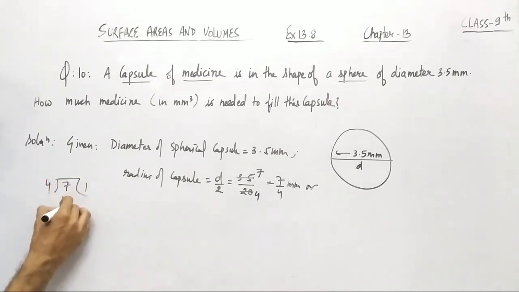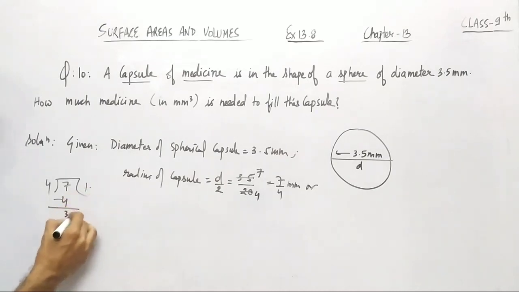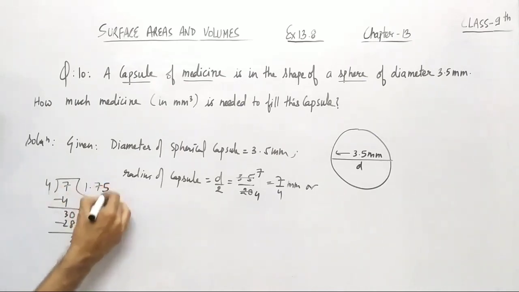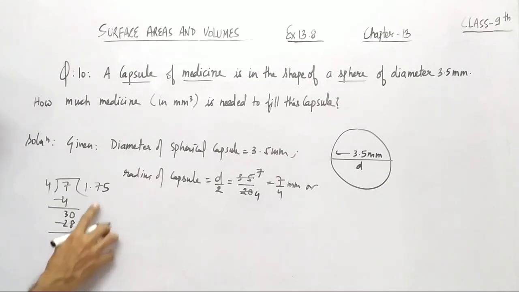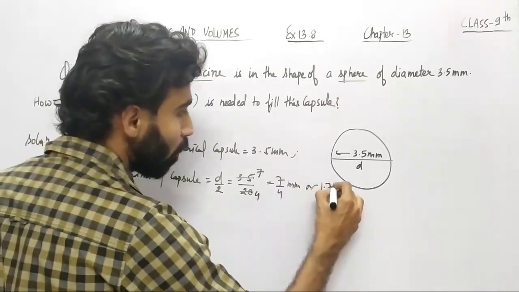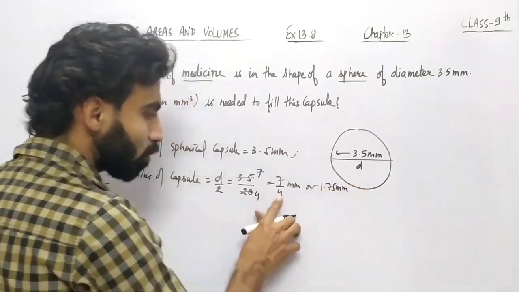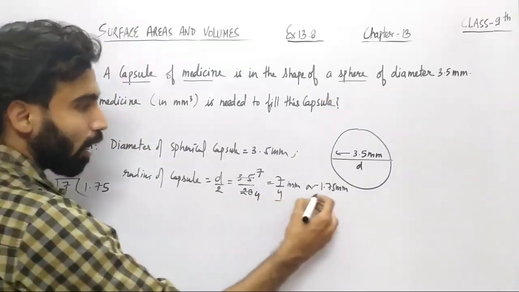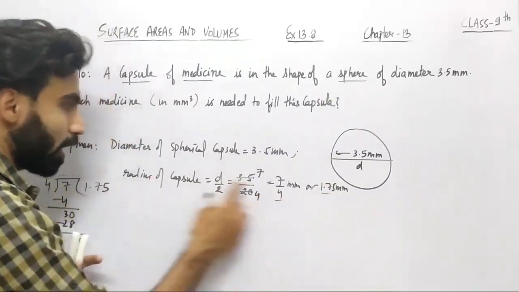So 4 1 ja 4 minus, that will be 7 minus 4 3, then decimal 0, so 4 7 ja 28, right? Again subtracting will give 2, so decimal की वजह से 0 आएगा, so 4 5 ja 20, right? So you can also use 1.75 mm at the place of 7 upon 4, right? So whatever you like to use, you can use that radius, right?